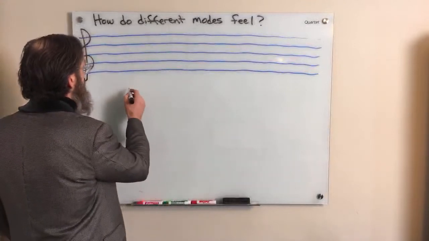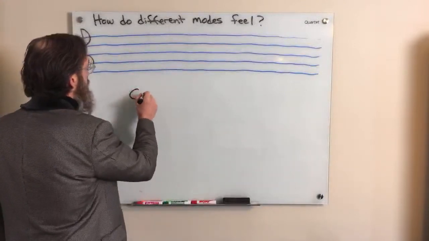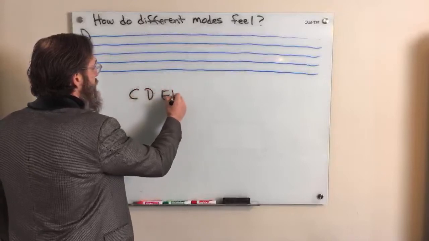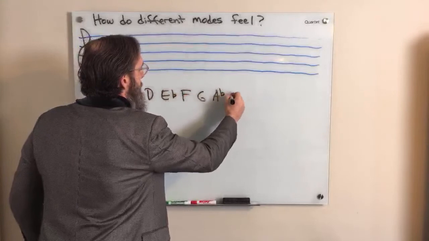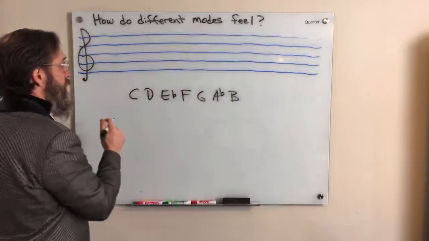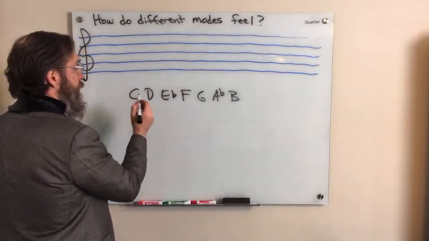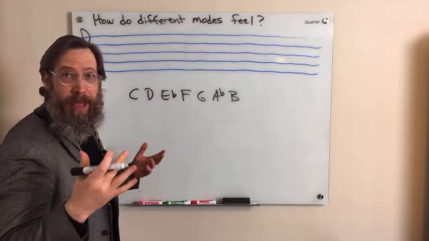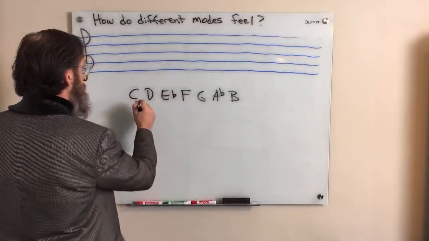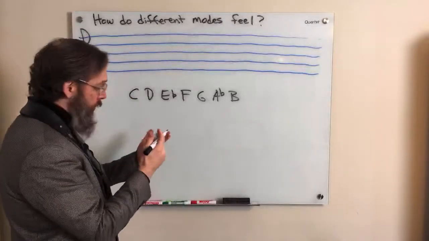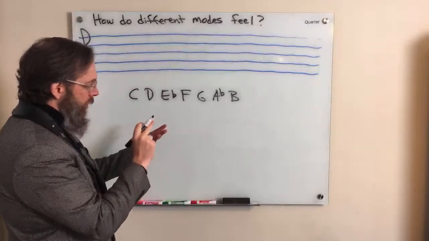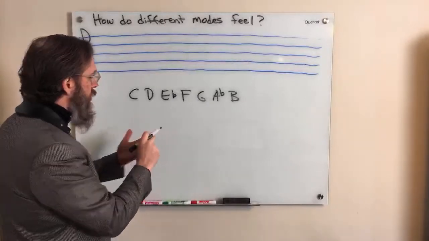So a harmonic minor scale, if we say on C, we go C, D, E flat, F, G, A flat, B. Okay? So this would be our harmonic minor scale, and if we use our whole step, half step, augmented second rule, and actually let's use our seconds, because that gives it a certain unity. It's either going to be a minor second, major second, or augmented second.